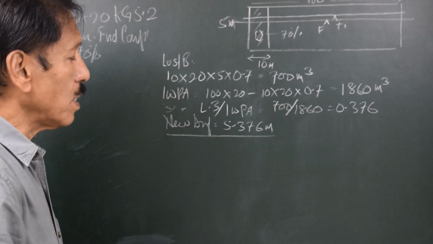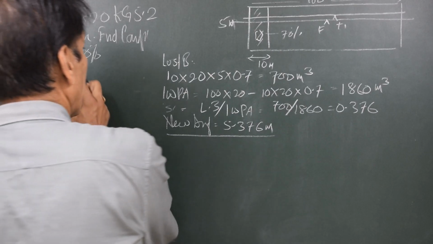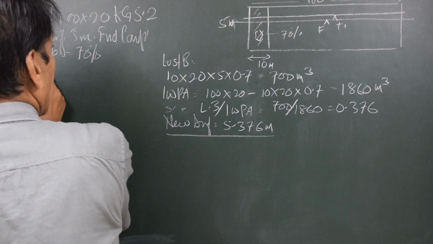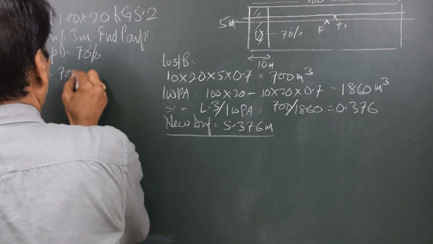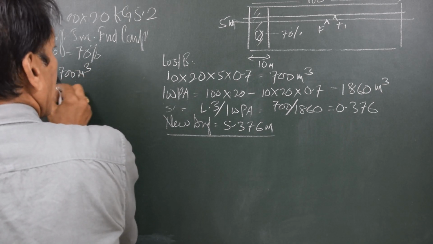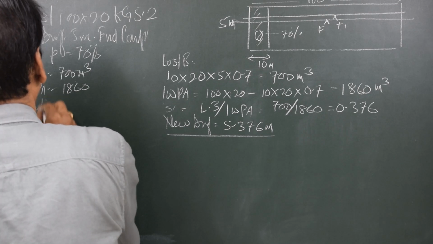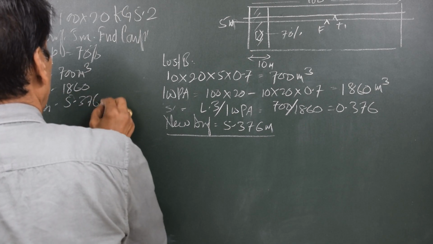Now I will write down the salient data: lost buoyancy is equal to 700 meter cube, intact water plane area is 1860, and new draft is 5.376 meters.